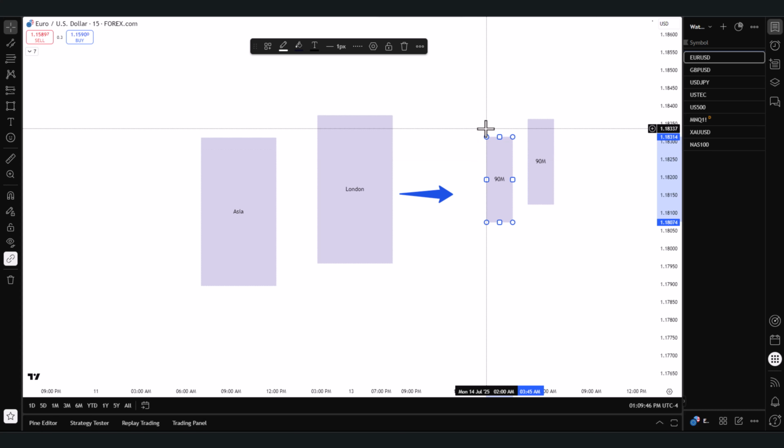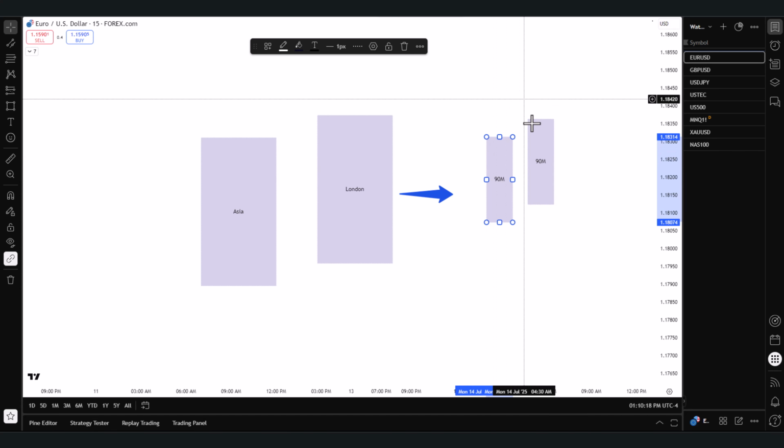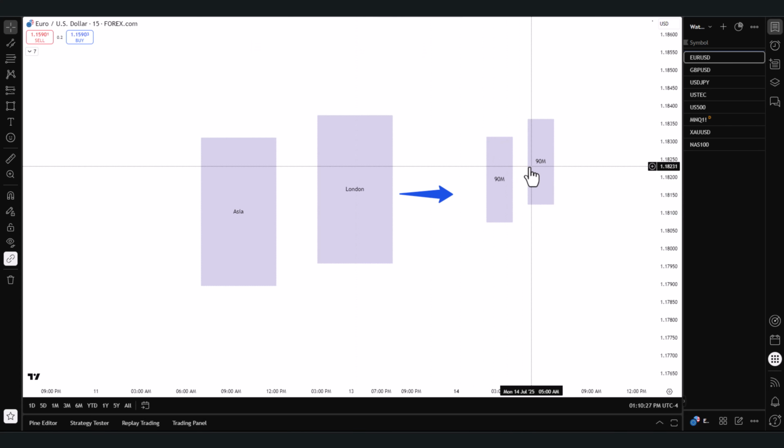If 90-minute cycle 2 sweeps the high of 90-minute cycle 1 once, then we will look for short from here. This is basically step 2. Step 1, determining sessions bias. Step 2, sweeping any 90-minute cycle's high or low. Step 1 done, step 2 done.